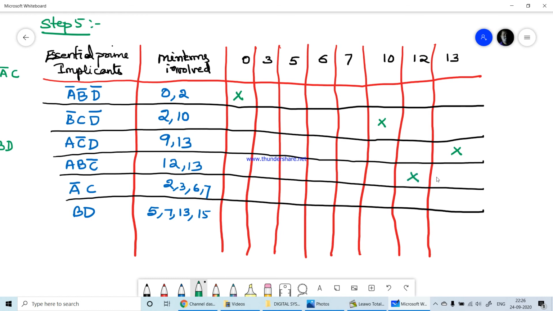Then we have 2, 3, 6, 7. 2 we need not bother, but 3, 6 and 7. Then we have 5, 7, 13 and 15 is a don't care, so you need not bother about 15.